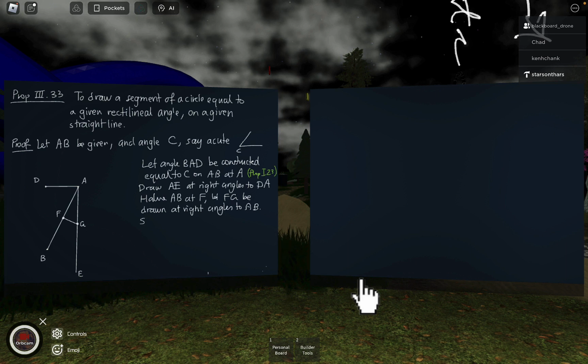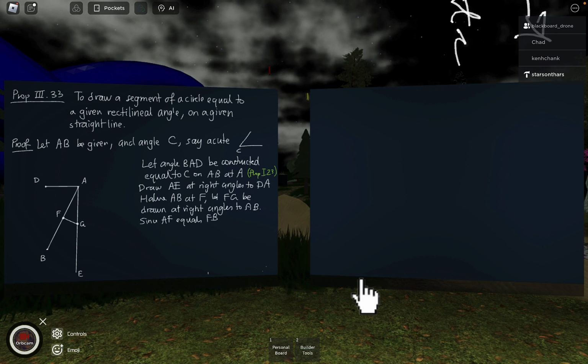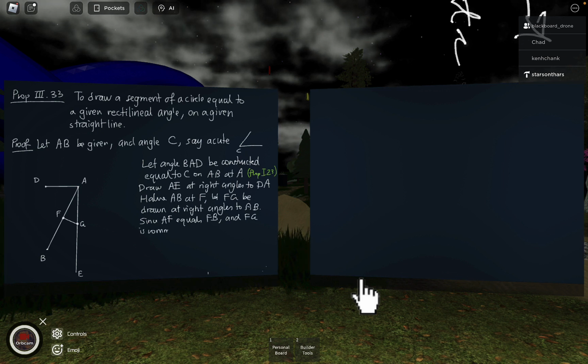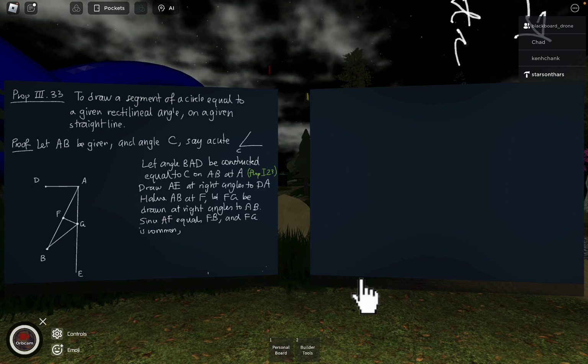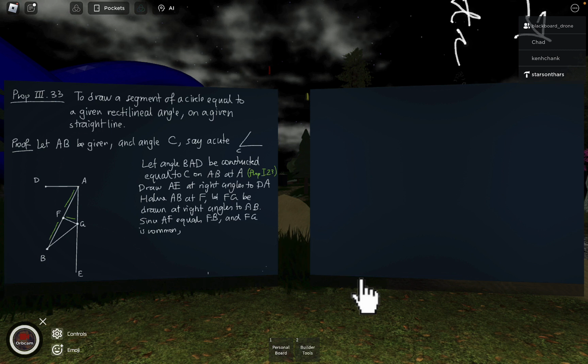Okay, so since AF equals FB and FG is common, so I'm going to join GB as well. Sorry, I didn't say that. So we're just observing that that is equal to that, and that is common, and there's the common right angle.